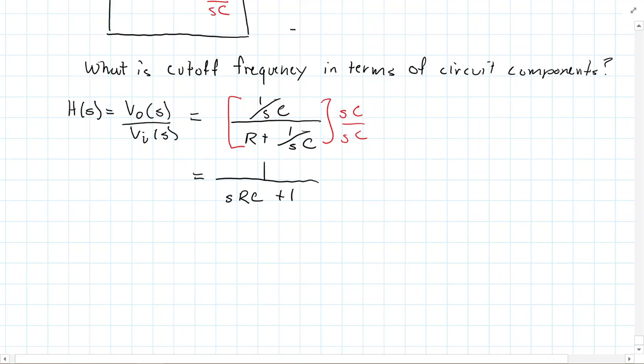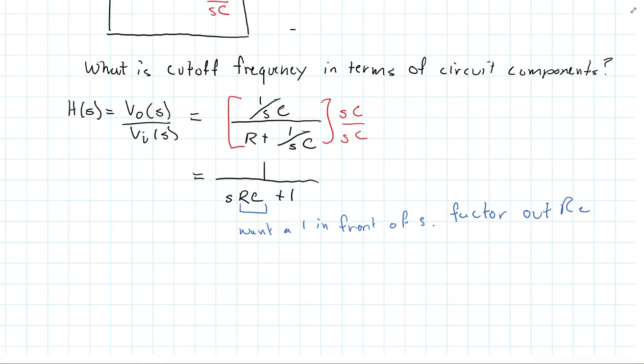Pretty straightforward. But remember, what do we typically want? The reason I say maybe we don't want to do that is that we want a 1 in front of S. So I'm just going to go ahead and factor out an RC.